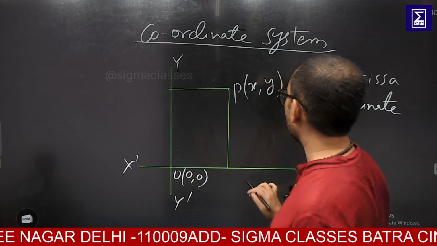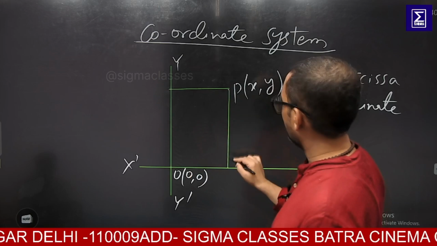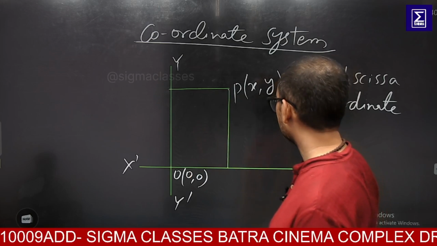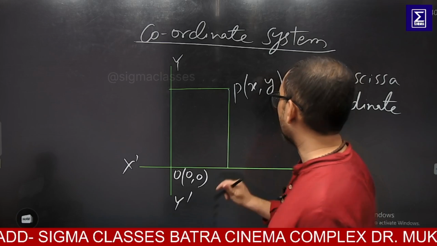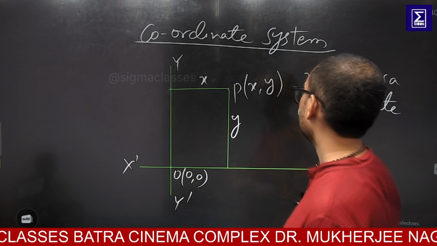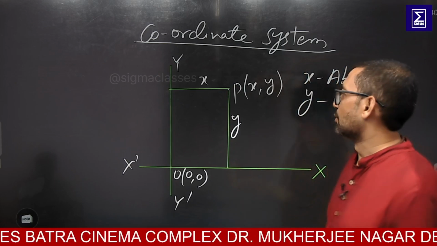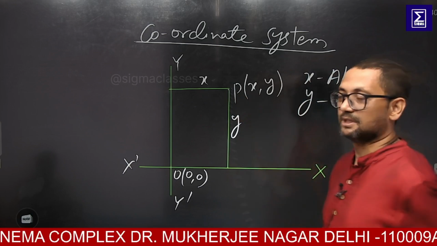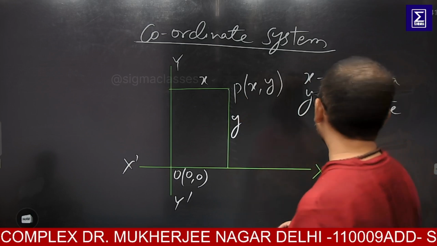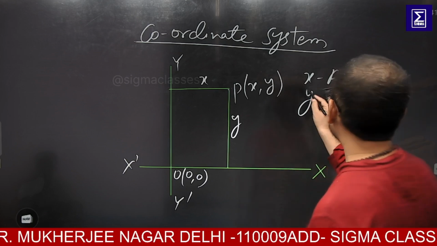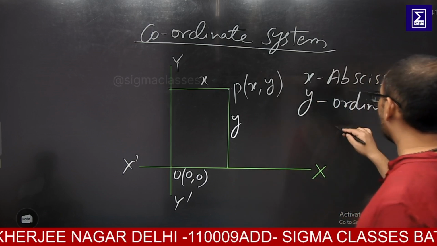So you will see here, this is y, and this is x. So in coordinate system, if you have any point, it has x coordinate and y coordinate. The x coordinate is abscissa and the y coordinate is ordinate.